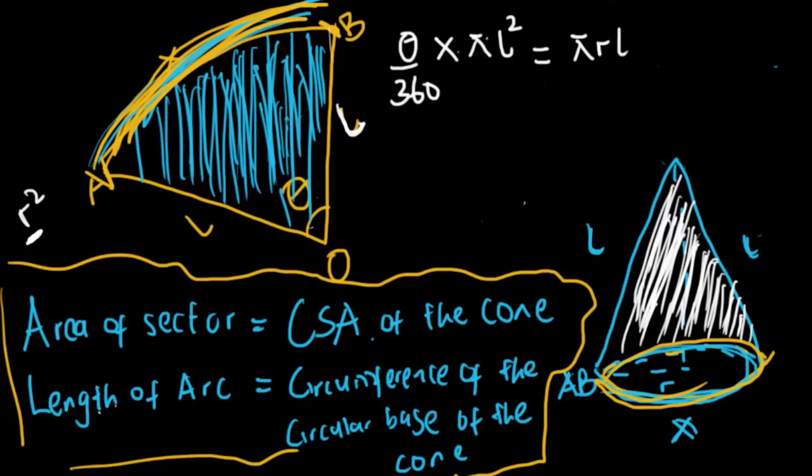Now let's take the second part. Length of arc. Remember, length of arc is just a fraction of the circumference of a circle. So we should have it as theta over 360 times, remember before it used to be 2 pi r. But in this case, because our radius is L, we'll have it as 2 pi L. Does that make sense? Equals to circumference of the circular base of the cone.